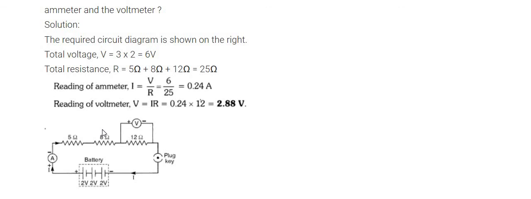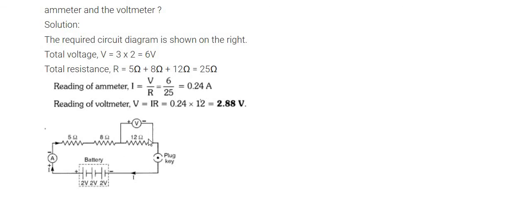The ammeter is used for measuring the current, and the formula to find the current is I equals V by R. Putting V equal to 6 and R equal to 25, the current flowing in this circuit is 0.24 ampere.